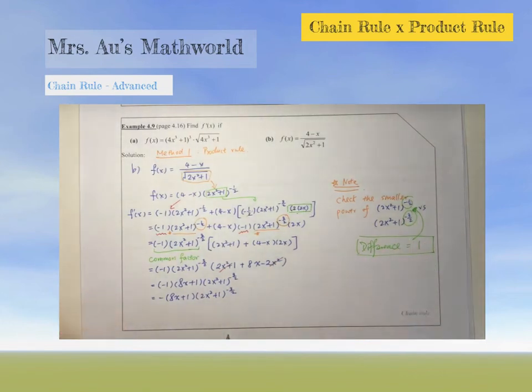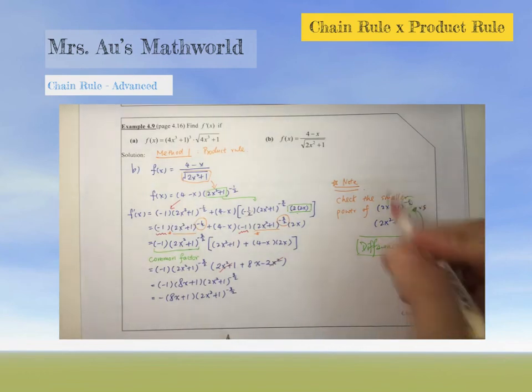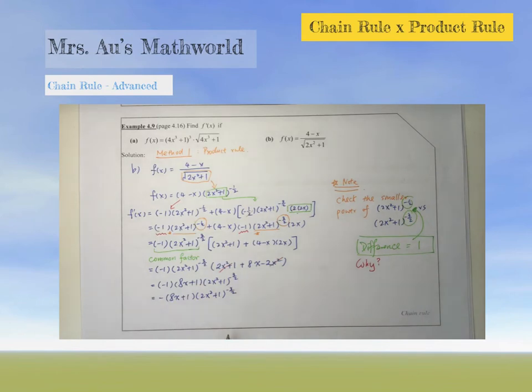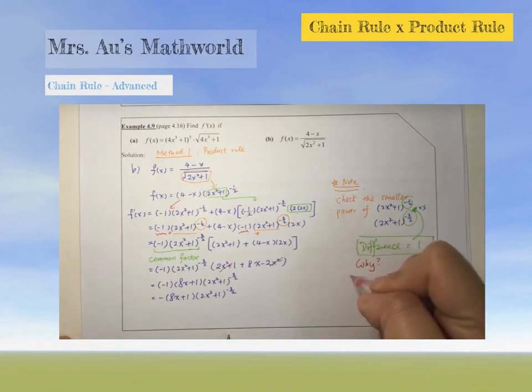Do you know why? Okay, the reason is we use the basic rule.